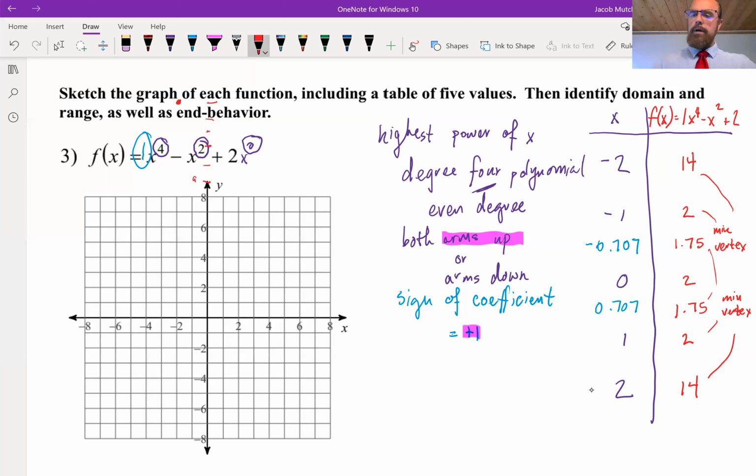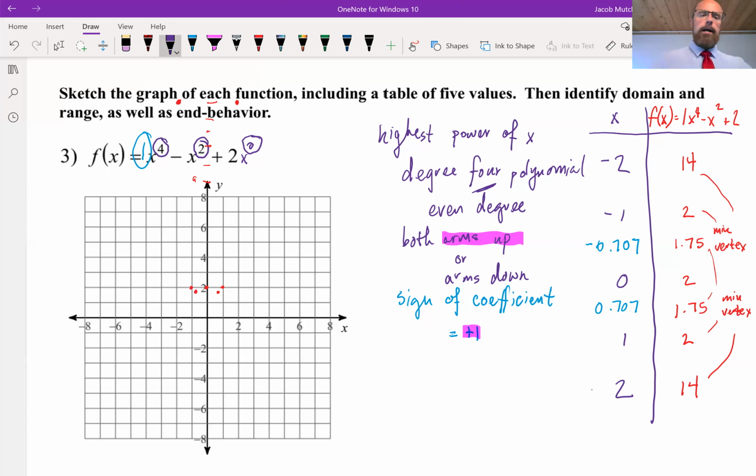At negative 1, I can graph that easily, though. That's 2. I need to estimate negative 0.707, 1.75. The y-axis intercept, which is 0, 2, is easy to graph, but then I need to estimate positive 0.707, 1.75, 1, 2, easy to graph, and then 2, 14, I got to estimate up here in the words.